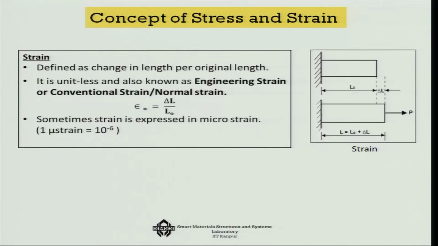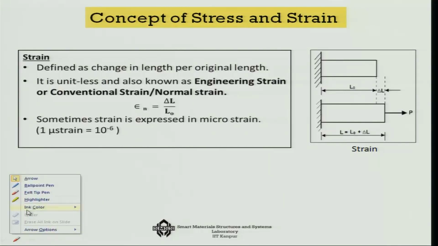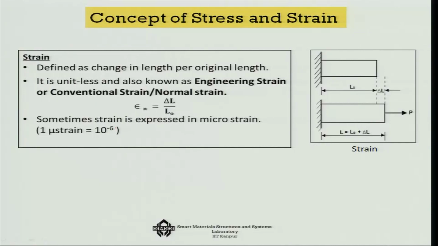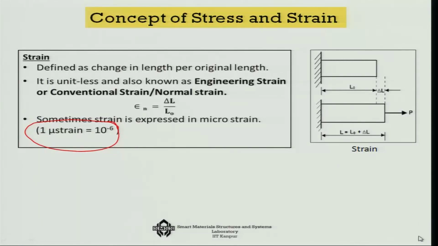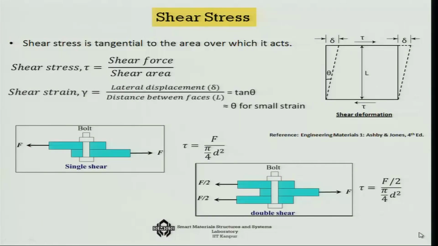Generally this strain is very, very small, so it is measured in terms of 10 to the power minus 6, or microstrain. These are the two very basic and important points about stress and strain that you need to know.